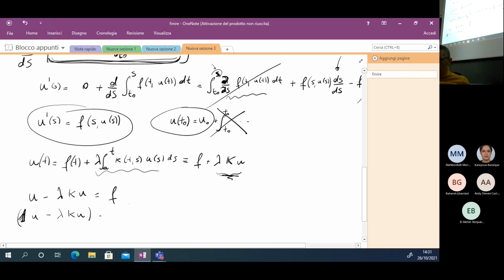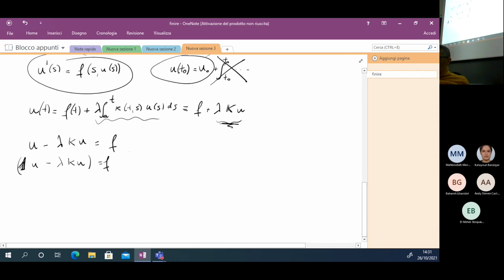But remember again the parallelism with matrices. So I can put outside u. I cannot put it outside in front. It should be on the right because these operators are acting on the left. So this is identity minus lambda operator K, applied to u, equal to f.